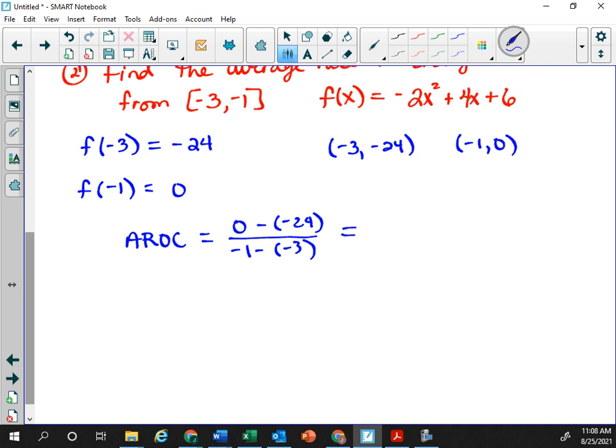What's the slope of the secant line? It is 12. So you get 24 over 2. It's so easy to mess up a negative in there. That is your average rate of change, okay?